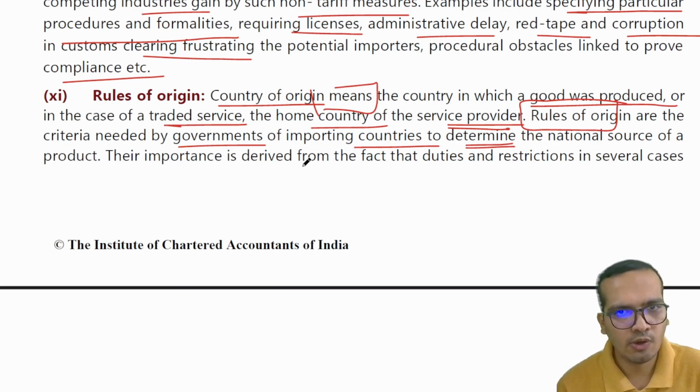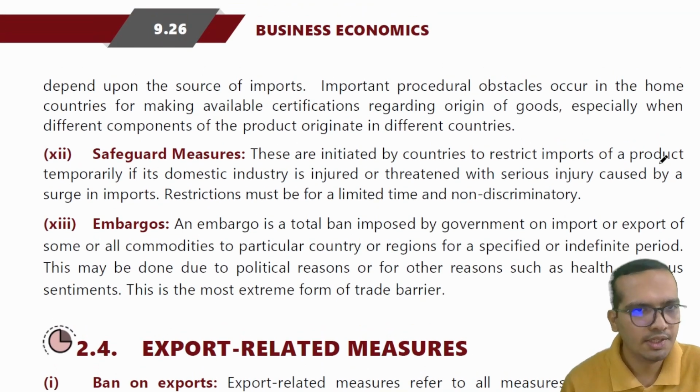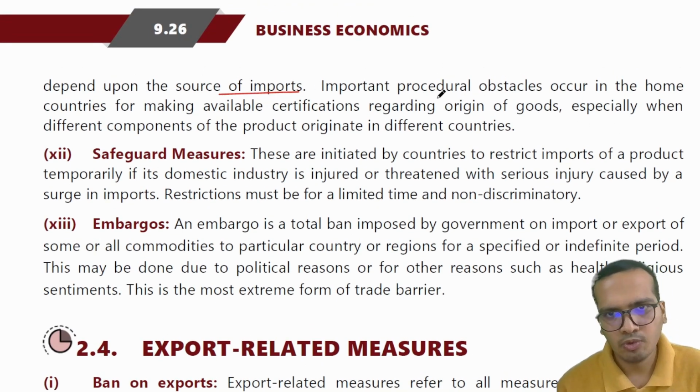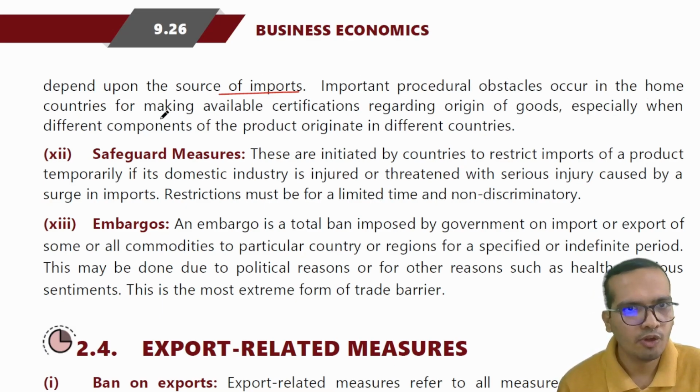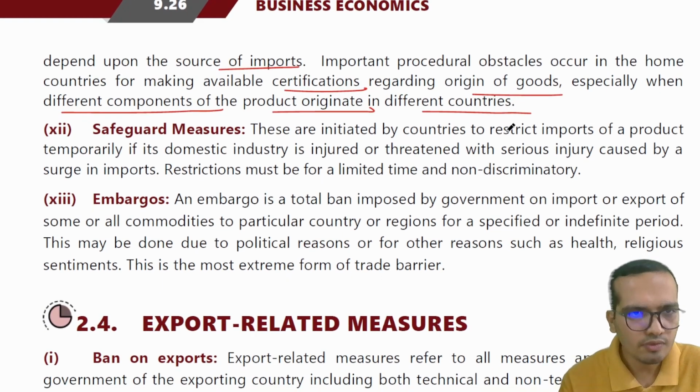Their importance is derived from the fact that duties and restrictions in several cases depend upon the source of imports. Important procedural obstacles occur in the home countries for making available certifications regarding origin of goods, especially when different components of the product originate in different countries.